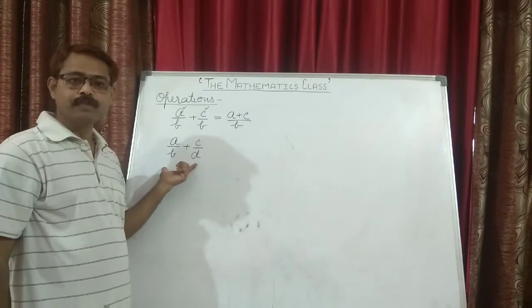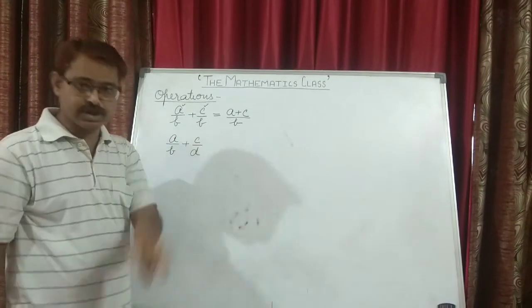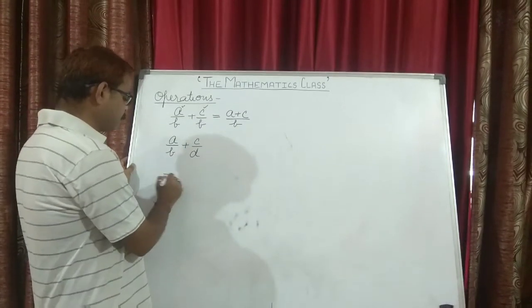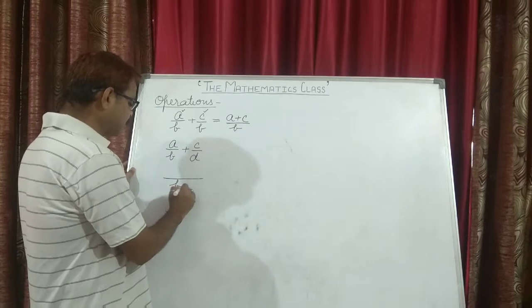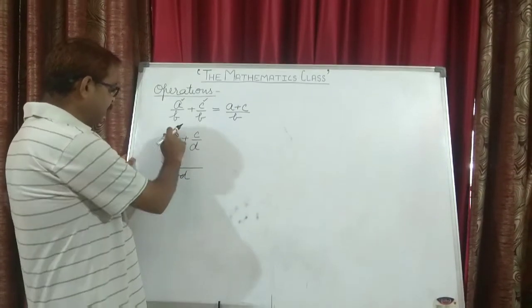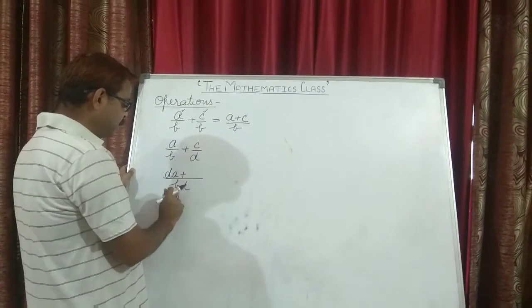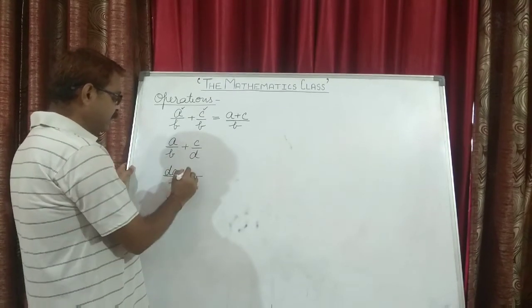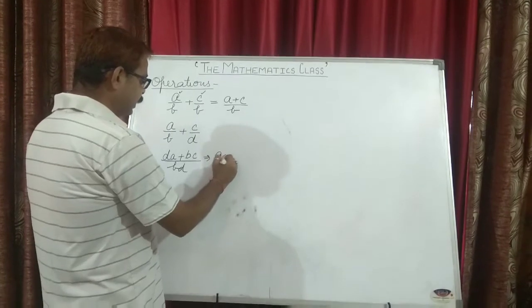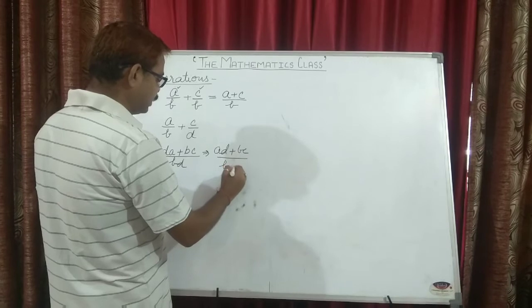So we will take the LCM of the denominators. The first concept is to make the denominators equal. Their LCM will be b times d. Now bd divided by d gives b... d times a is d into a, plus bd divided by d is b, b times c is bc. So the final value will be ad plus bc upon bd.